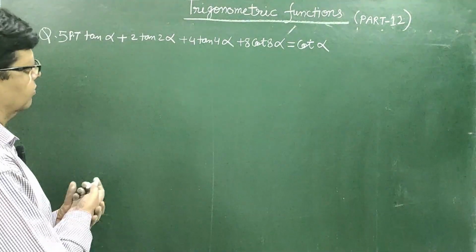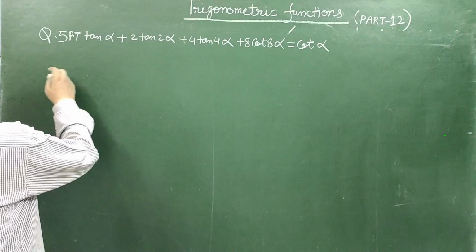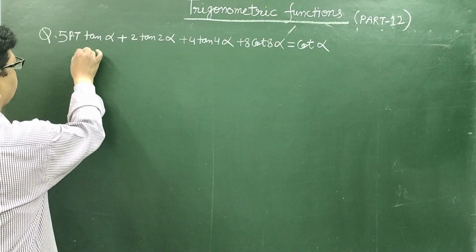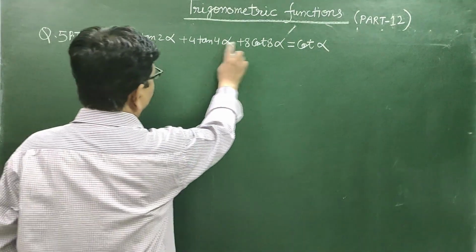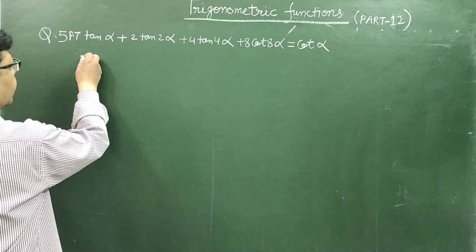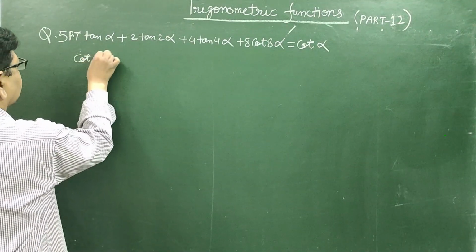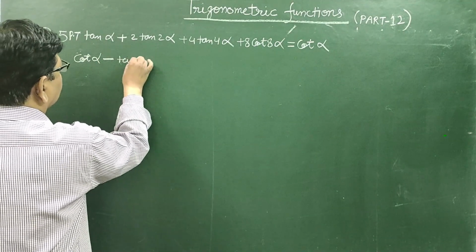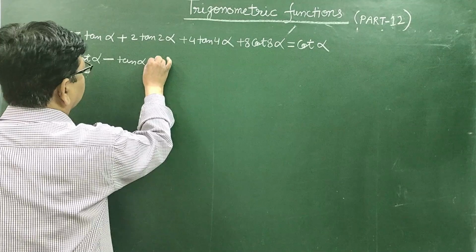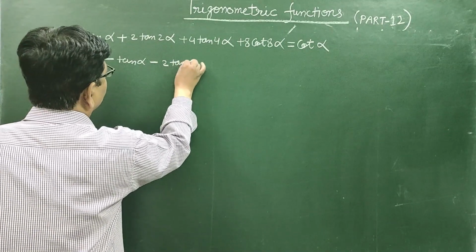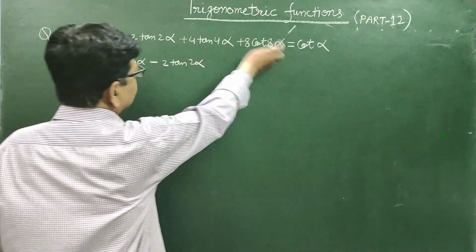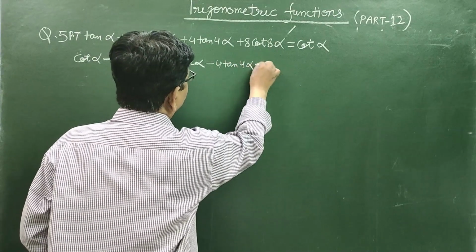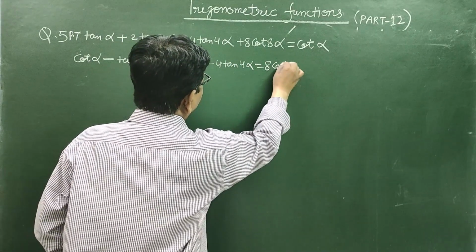Now in this question, if we transpose all these values to the right hand side, I can write this as cot alpha, then minus tan alpha, minus 2 tan 2 alpha, minus 4 tan 4 alpha is equal to 8 cot 8 alpha.